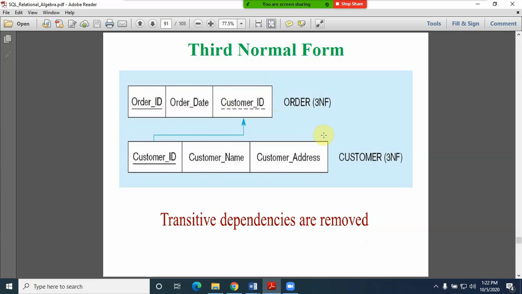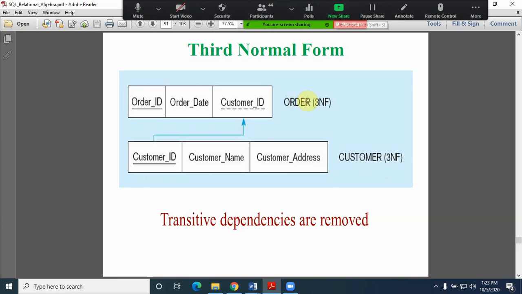So customer ID should be referenced as a foreign key in the order table, and this foreign key refers to the customer ID in the customer table as a primary key. So we have removed the transitive dependencies. This is how you can observe the third normal form. Any doubts, friends, with this?